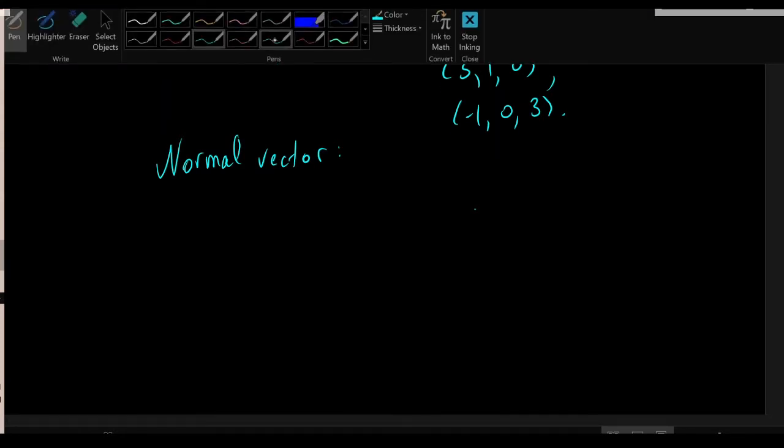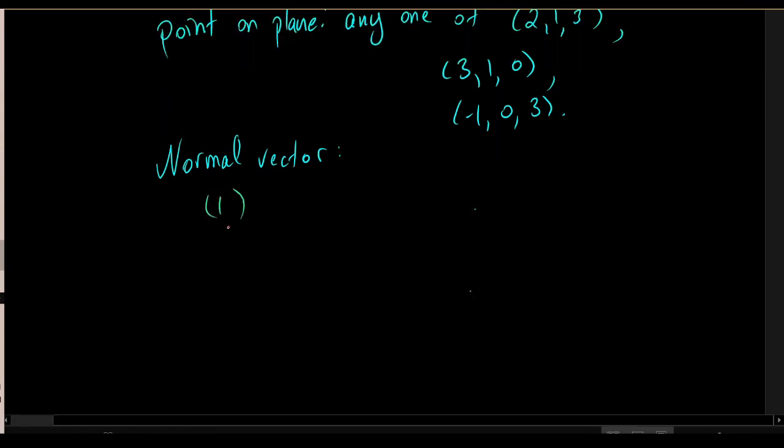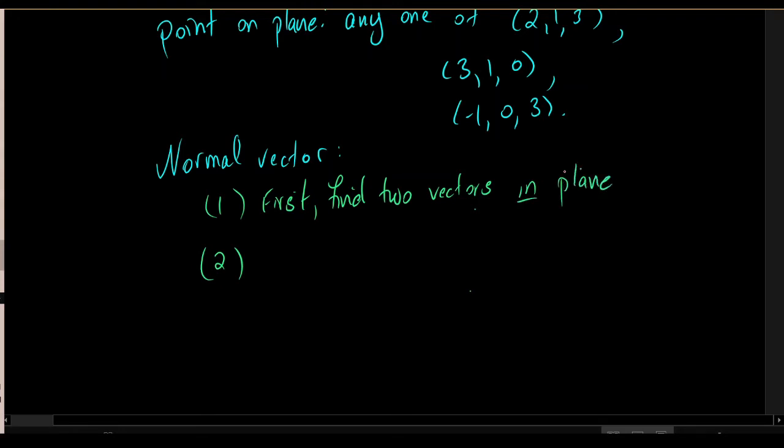In this case, we're going to do a two-step process. First, we're going to find two vectors in the plane, and then we're going to cross those to find the normal vector.